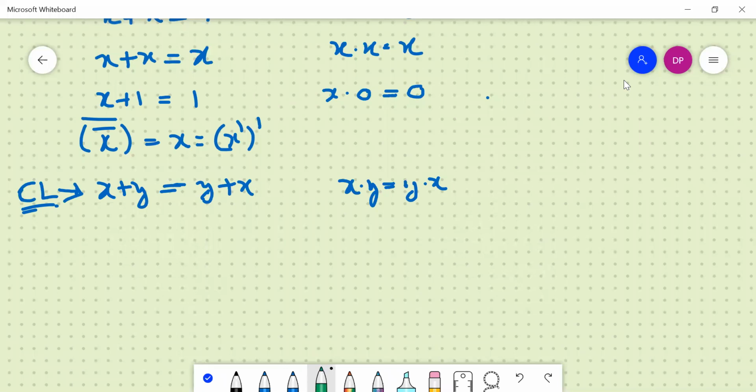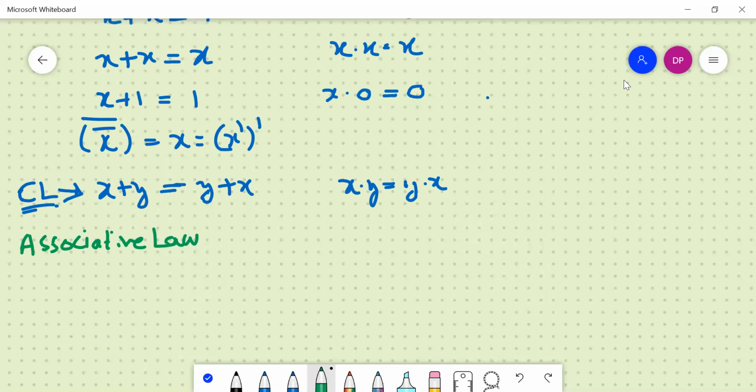Now, associative law. What is associative law? Who can say? We have seen it last time.